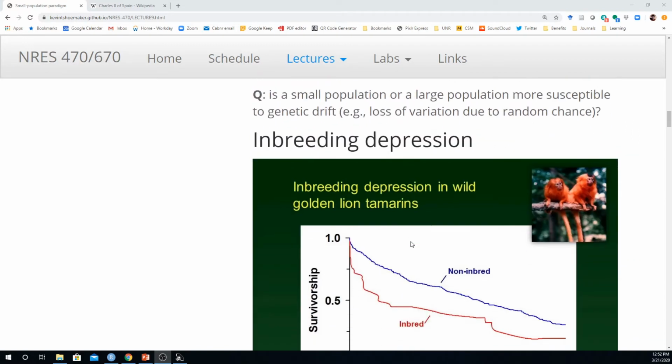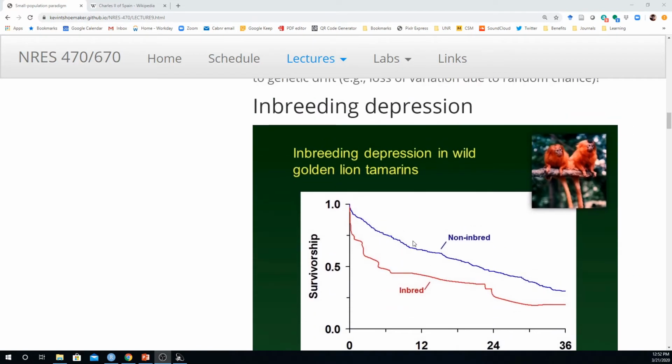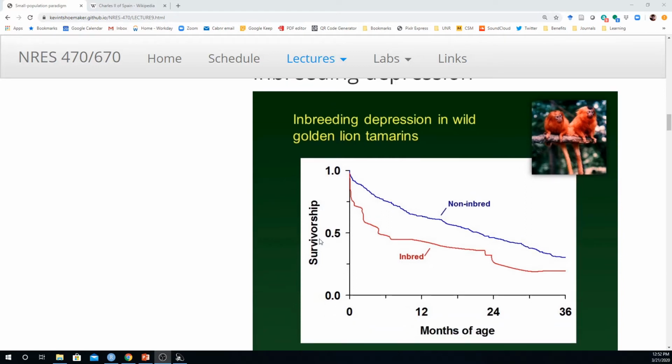And now I want to talk about another process that affects small populations much more than large populations. Now, first of all, let's look at this figure in more detail. This is a particular example using the golden lion tamarin, but we see this type of result playing out in real systems around the world, and this is looking at survivorship.